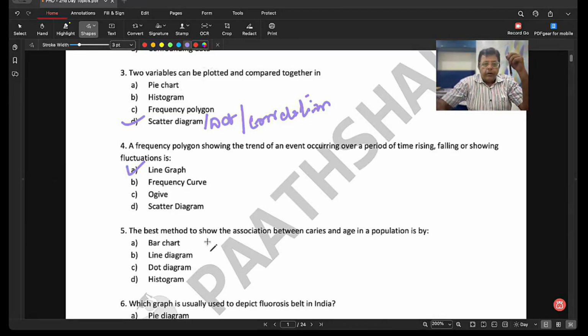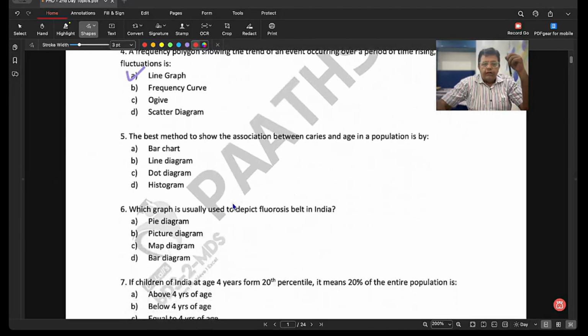Now, if you look at question number 5 and 6, which some of you have already started marking. For 5, what is the best method to show association between caries and age? There are two variables here, caries and age. Generally, when you're plotting a graph, scatter diagram is the only one where both x-axis and y-axis have a variable.